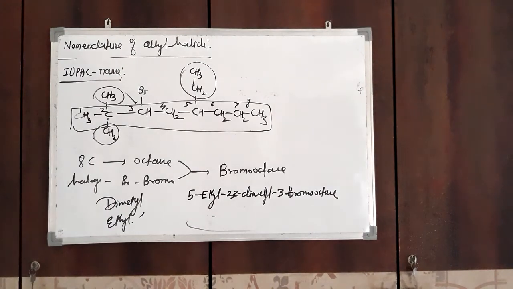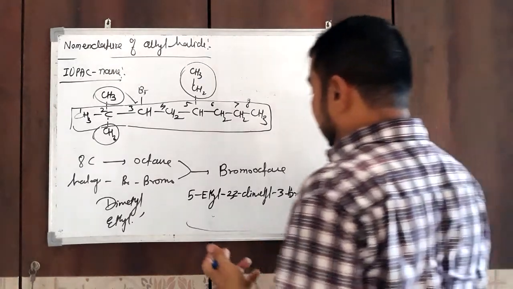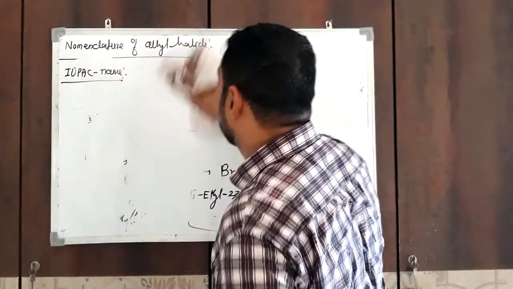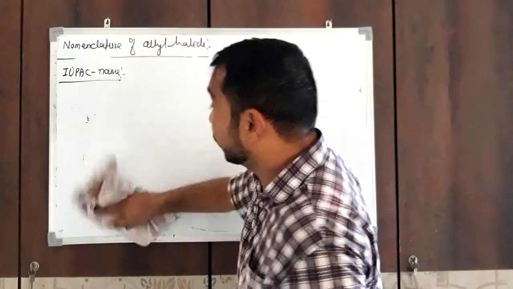Very simple. So student, try to understand the various rules by which the IUPAC name is given, and in your textbook various examples are given with their common names and IUPAC names. Try to identify them. Now what we have to do is try to draw the structure from the name. If the name is given, then we have to draw its structure.